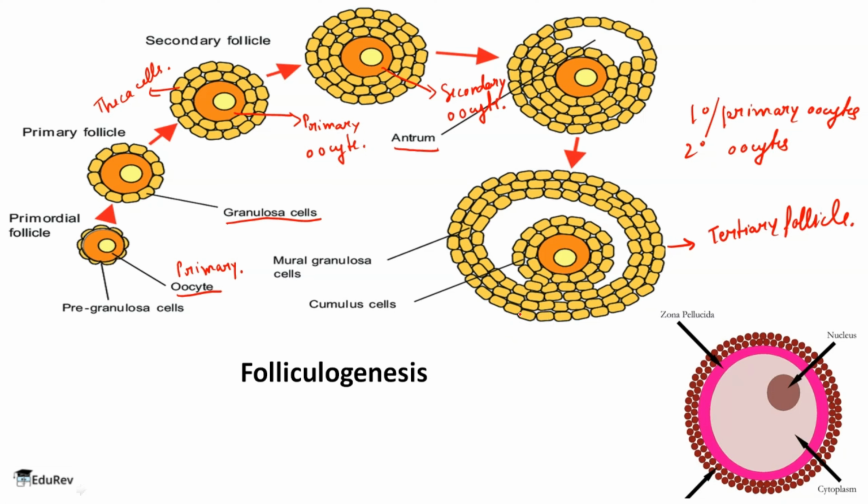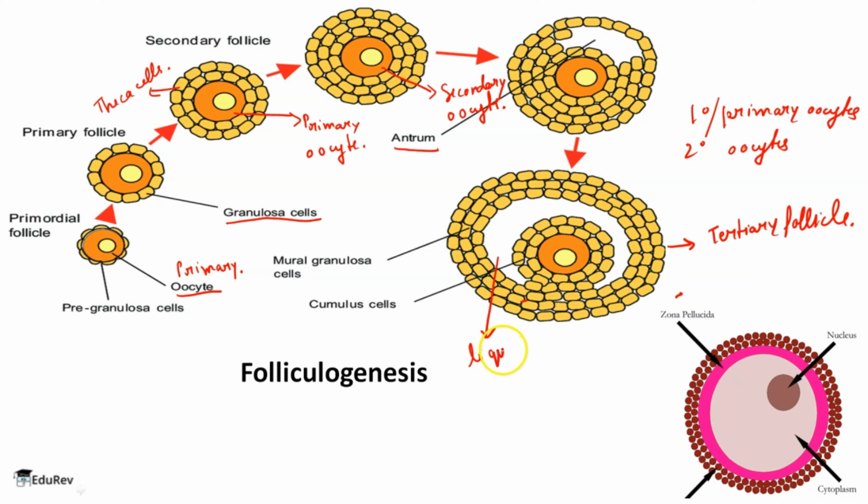Now come to the point of how theca cells are arranged in the tertiary follicle. These are divided into two layers. Inner is theca interna, which is cellular, and outer is theca externa, which is fibrous, right? Now the antrum consists of fluid, which is known as liquor folliculi.